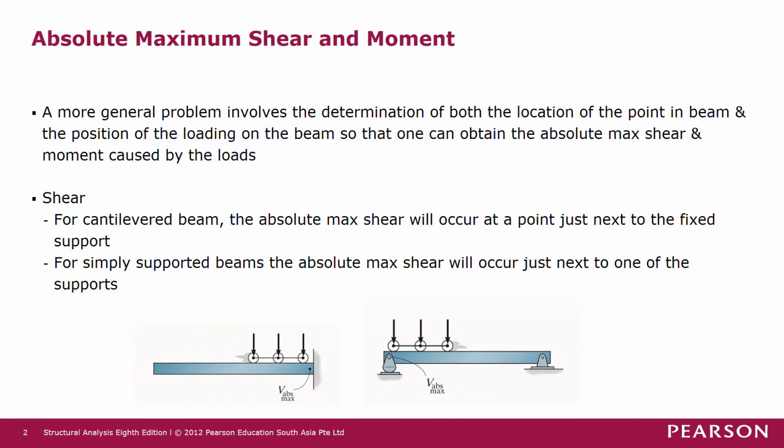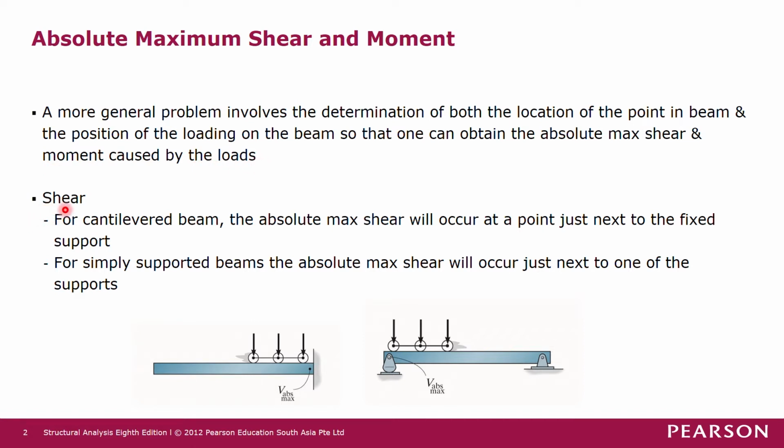A more general problem involves the determination of both the location of the point in a beam and the position of the loading on the beam so that one can obtain the absolute maximum shear and moment caused by the loads.